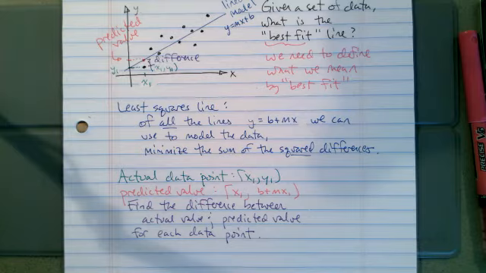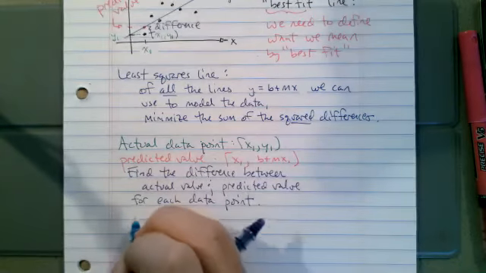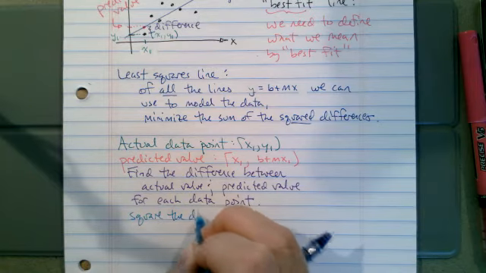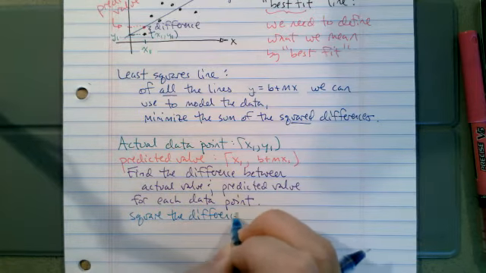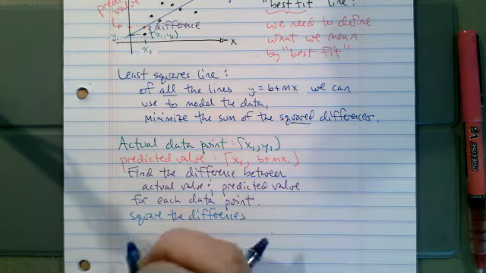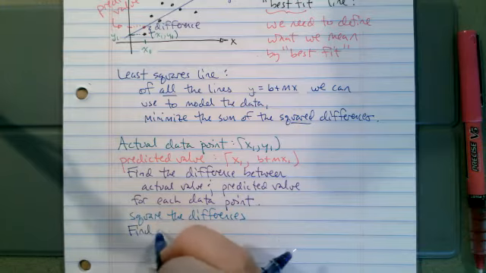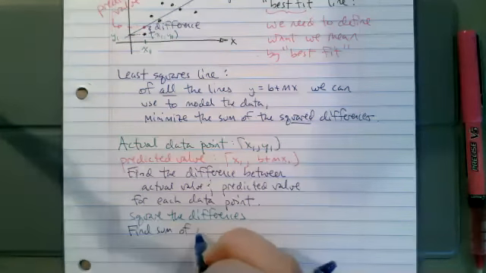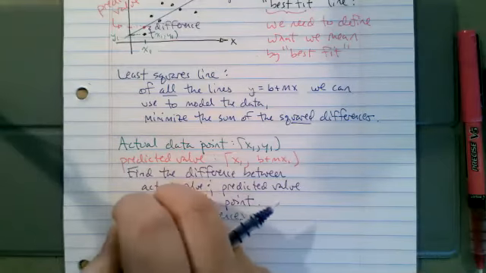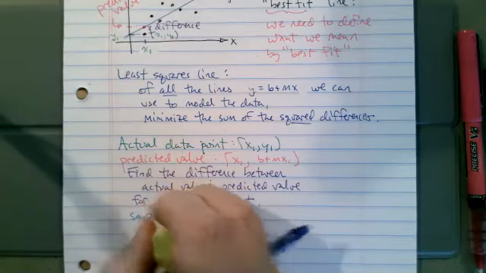We're going to square the differences. We'll talk about why we would want to do this in a minute. And then find the sum of the squared differences. Well, instead of say find, I want to minimize the sum of the squared differences.